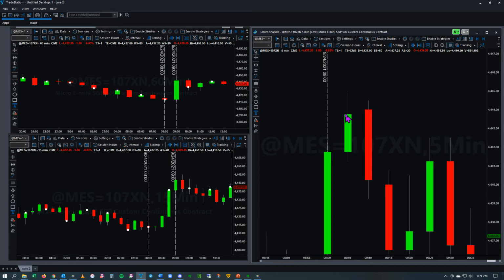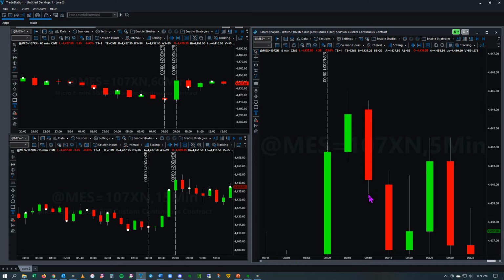If we look at the flip side of that, a red candle, which is showing some downward movement, it opened here and closed lower, and at some point during that 5 minutes, price came up, found some supply, and then continued back down.